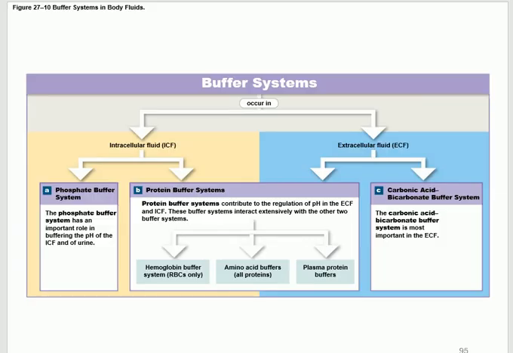Now, where is that buffer system? Are you buffering the blood or the cells? We buffer both. Do you want the pH to change anywhere in your body, or do you want it within the normal range, inside the cells or outside the cells? Everywhere. I want it to be normal everywhere.